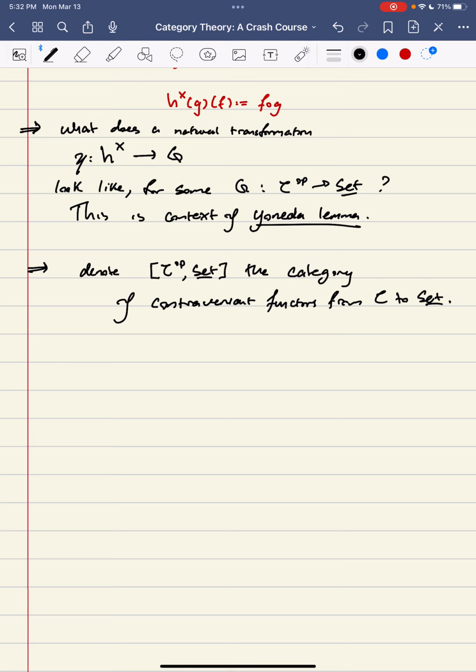So we talked about functors and the morphisms between functors. So this is a well-defined category. So the question is, what is this set?